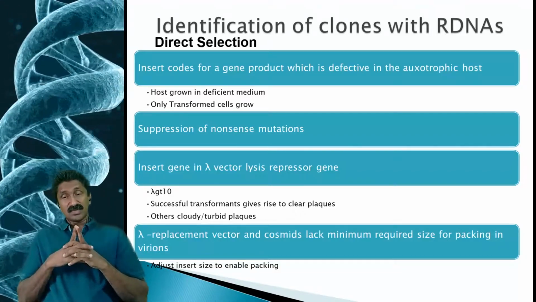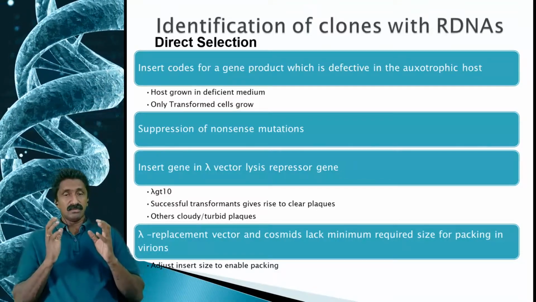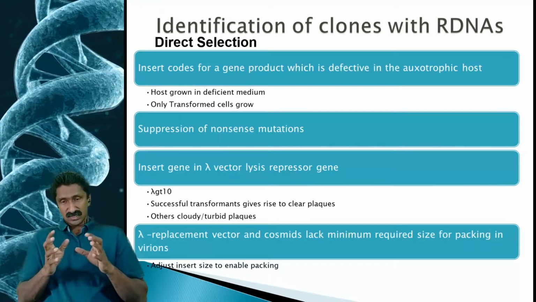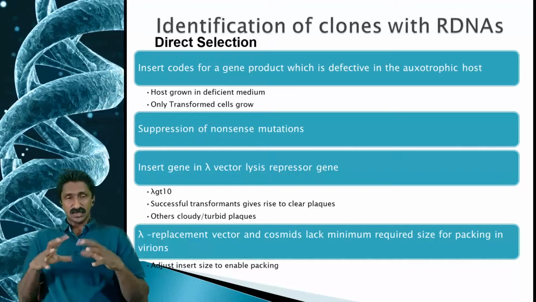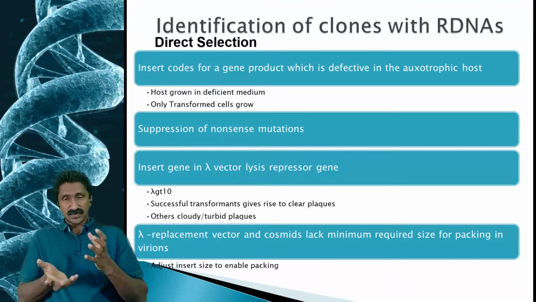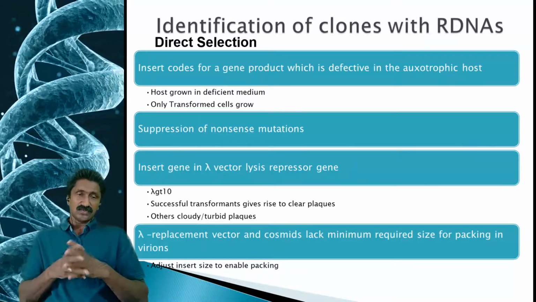Then there are lambda replacement vectors and cosmids, which lack the minimum required size for packaging in virions. Usually, you know that the phage heads are packed by the concerned DNA during the packing of the virions, and the packing of the virions requires a minimum size, for example maybe 25 kb or 30 kb.